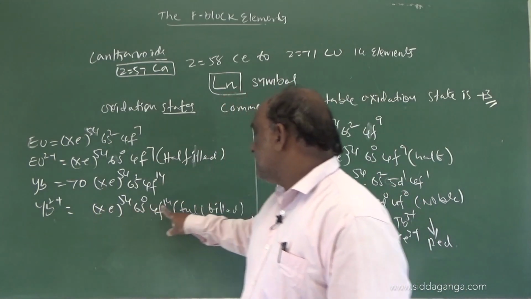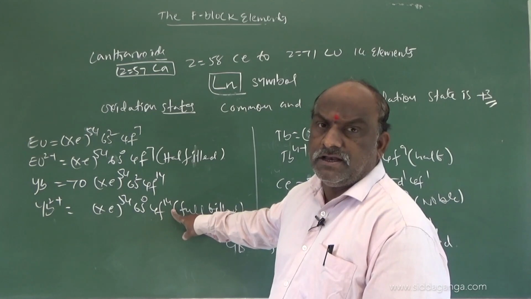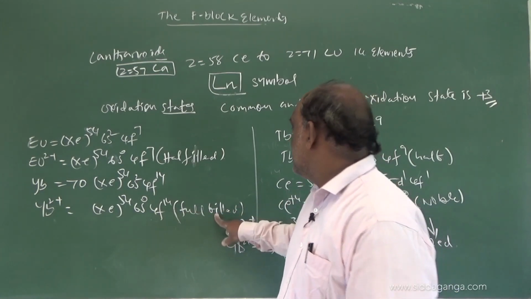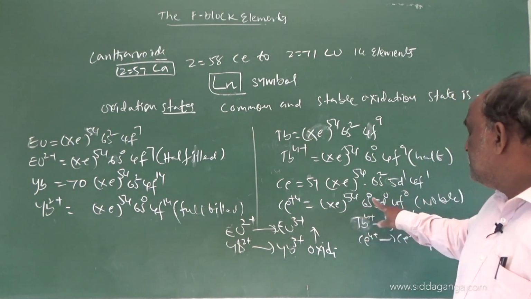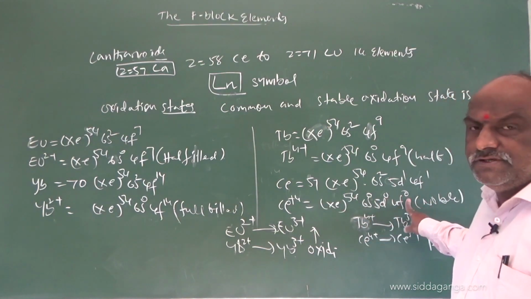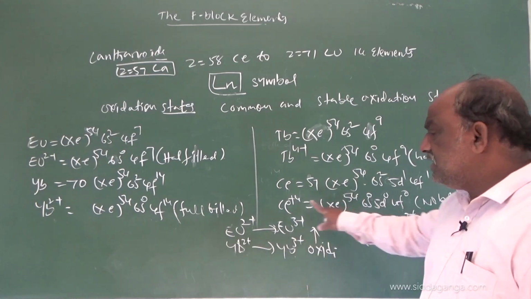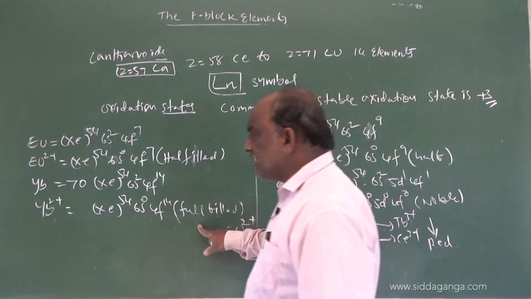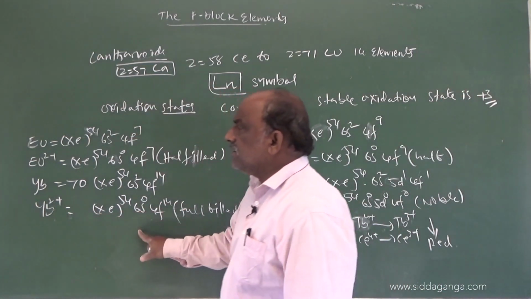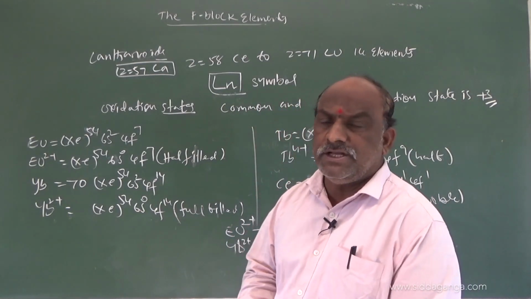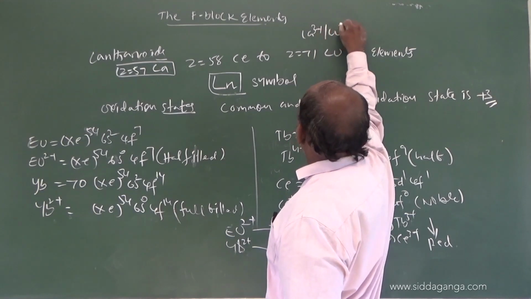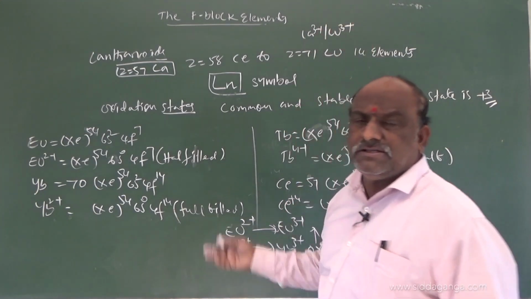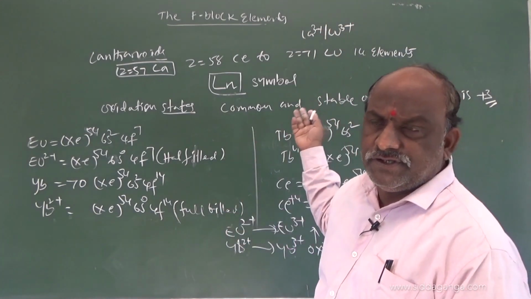Yb2+ has the f14 configuration, colorless because of the fully filled electronic configuration. Ce4+ is 6s0 5d0 4f0, the f0 configuration. So the f0 configuration of Ce4+ and the f14 configuration of Yb2+ are colorless. Lanthanum 3+ and lutetium 3+ are also colorless because of the f0 configuration.